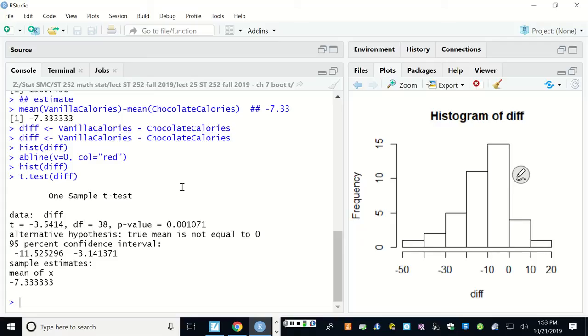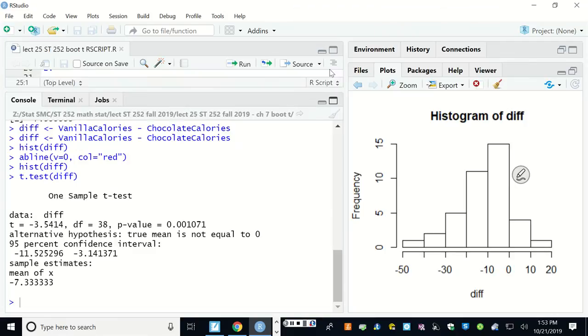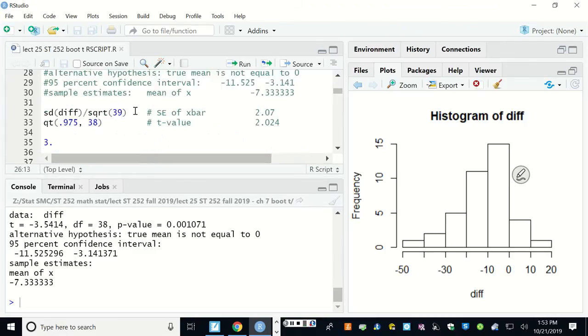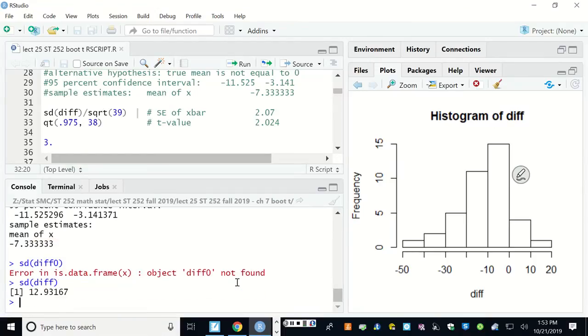When we do hypothesis testing, which we'll revisit, the p-value, if that's small, it's significant. We would not expect to get a value of negative 7 given these sample sizes and so on. What are the components that go into that? This is the standard error, the standard deviation of the differences. What is this by itself? The standard deviation of the difference is about 12.9, almost 13.